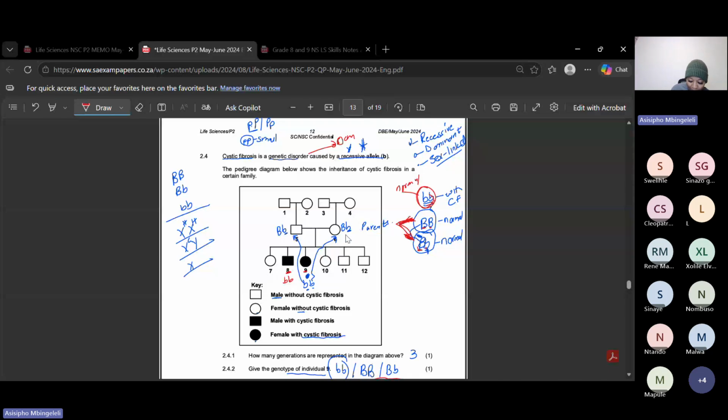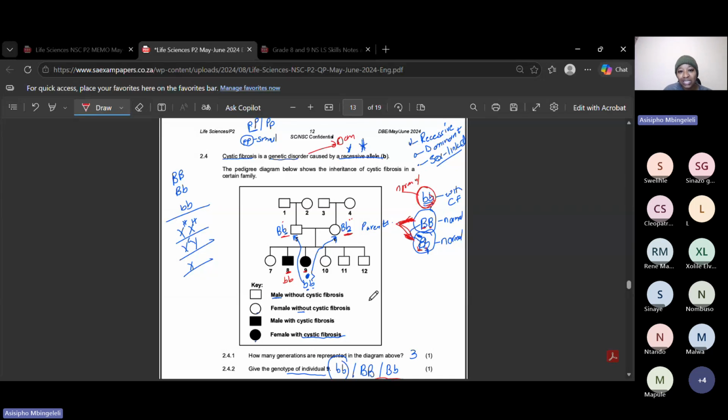And the parents are normal. If the parents are normal but carry this cystic fibrosis allele, that means one thing: they are heterozygous. They are carrying this allele even though they are normal. This allele is dominated or masked because of the presence of the dominant allele.